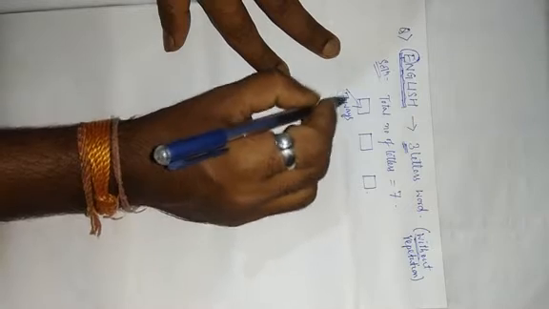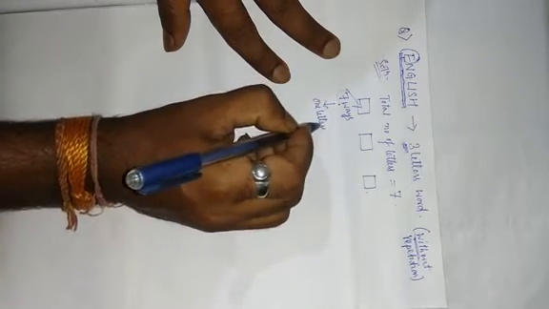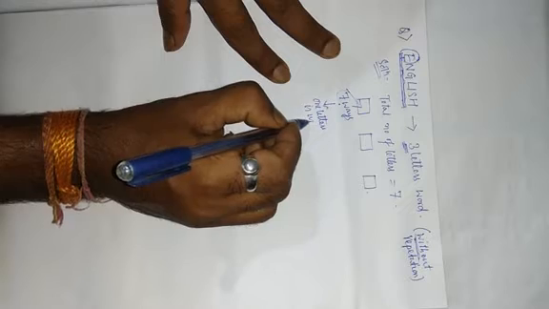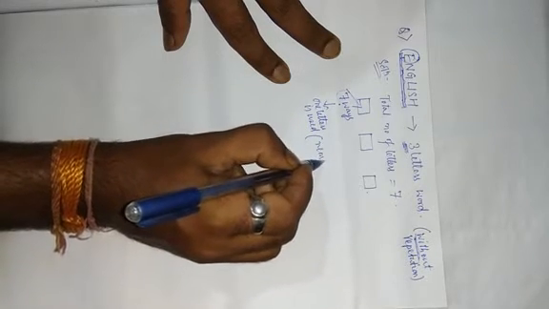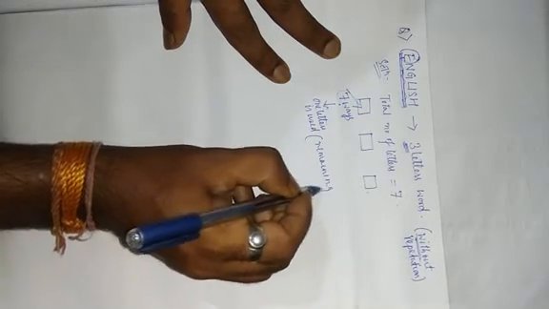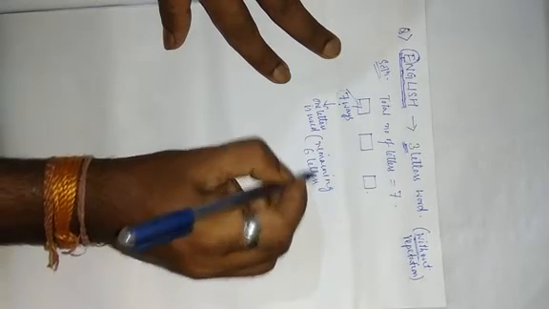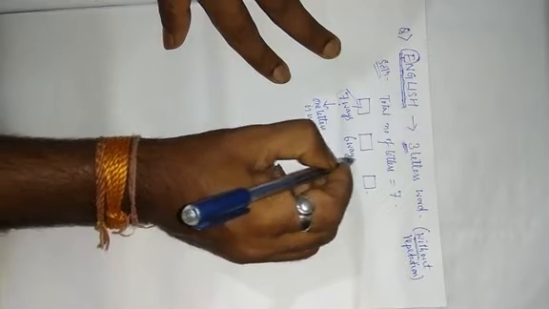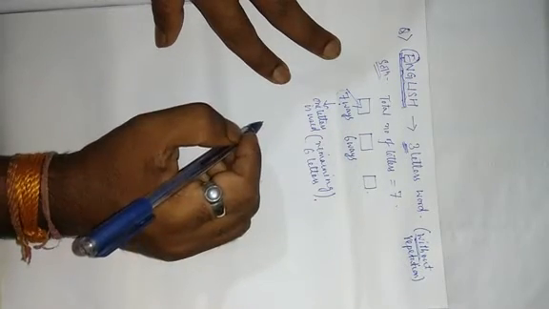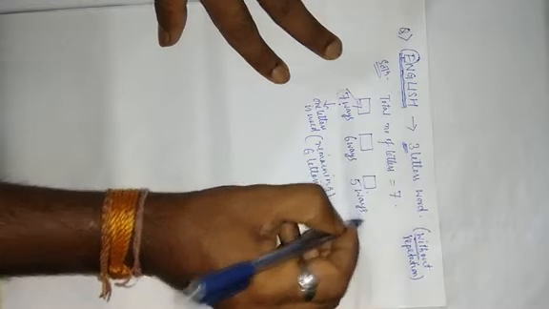So since I have used one letter here, I have remaining 6 letters. So this can be filled by 6 ways. Same way, third place can be filled by 5 ways.